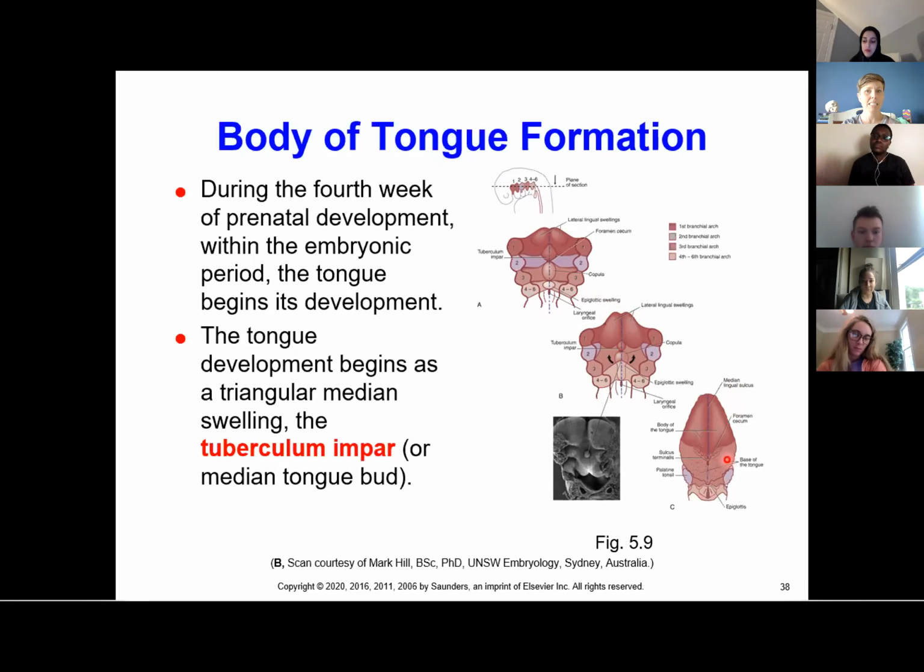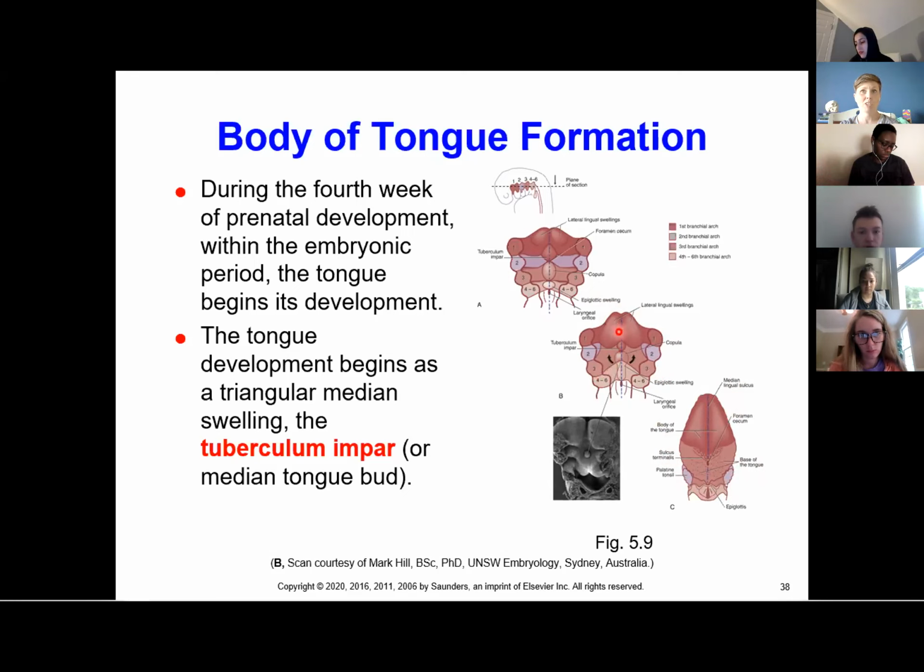I think that this picture in your book, picture 5-9, does a really good job of breaking it down into the different colors. So you can see where the second branchial arch ends up being the palatine tonsils, and the base of the tongue is formed by the third branchial arch.